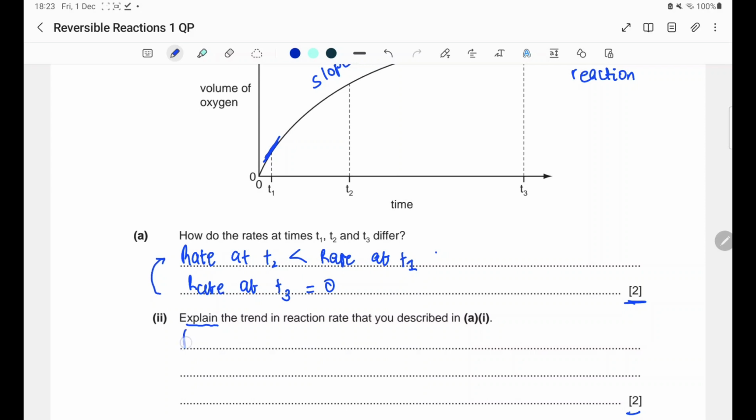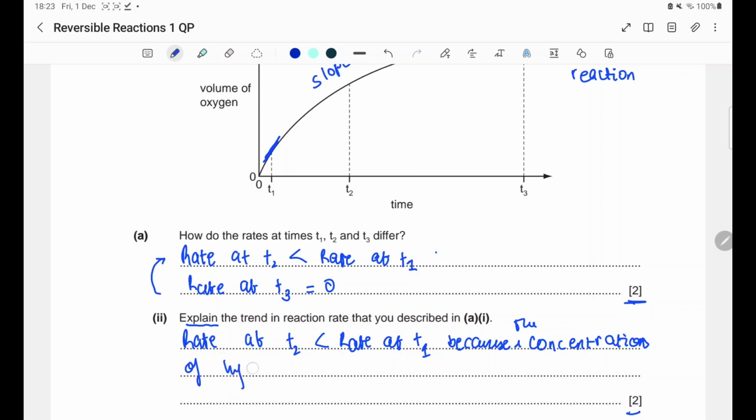So the rate at T2 is less than the rate at T1 because concentration of hydrogen peroxide is decreasing. Now you need to give a reason for why your rate at T3 is 0.